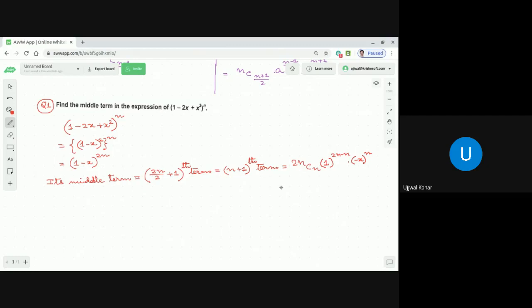So you can simplify a little bit. That is equal to 2n Cn into (minus of x) power n. That is the middle term of the expansion. Correct? Absolutely clear? Yes. Okay, great.